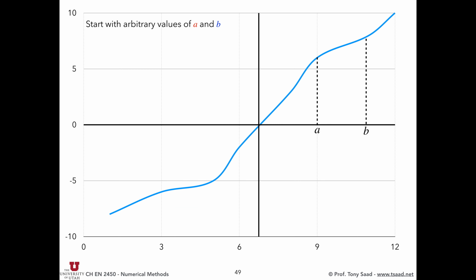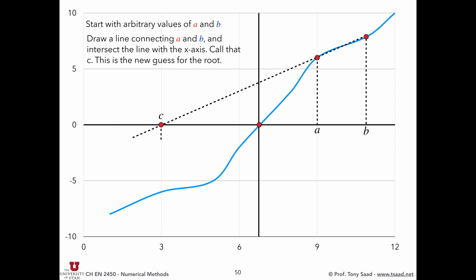Just follow the same strategy. So here's an example, the same function given in this blue curve. We pick A and B now such that they do not bracket the root. And then just like the method of false position, you draw a line between A and B, and it gives you this point C as the new guess.